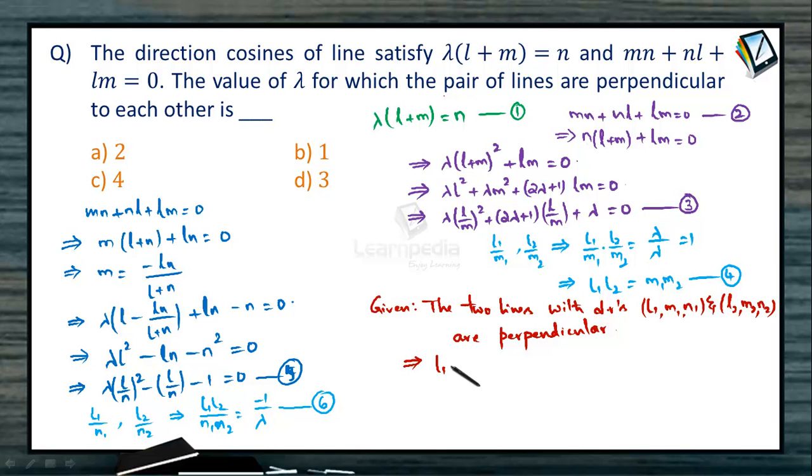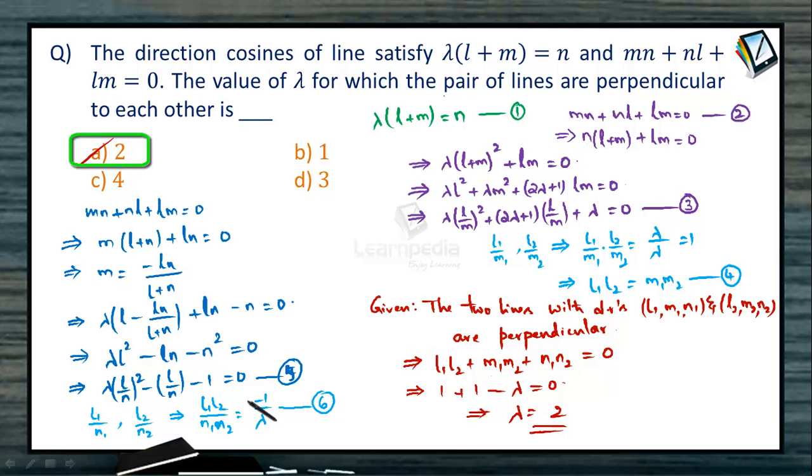That is possible if l1 l2 plus m1 m2 plus n1 n2 is 0. Though we don't have the exact values of l1 l2, similarly m1 m2 or n1 n2, we have the proportionate values of l1 l2, m1 m2 and n1 n2. So let us replace those values. That gives us 1 plus 1 minus 1 by lambda equal to 0, or in other words, the required value of lambda happens to be 2, which is present at option A with us.